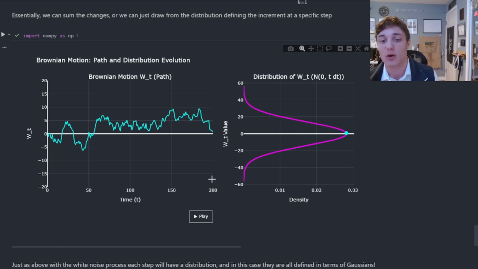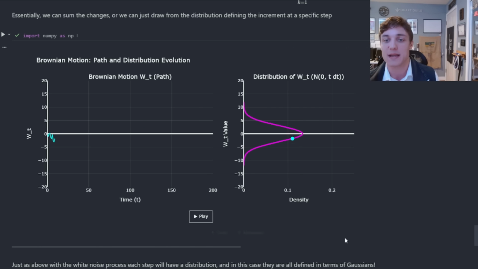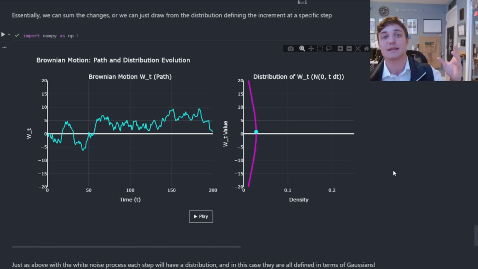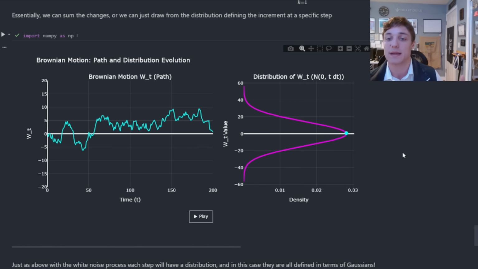So notice here, all the way at the end of this process, the tails go from 60 to negative 60. If I replay this animation, it starts at 20 and negative 20. That is perfectly showcasing how the variance of the process is going to continue to increase as the time step becomes larger. That is what it means to be Brownian motion.